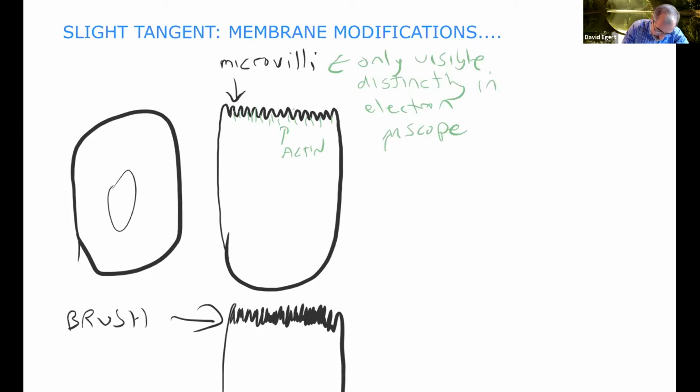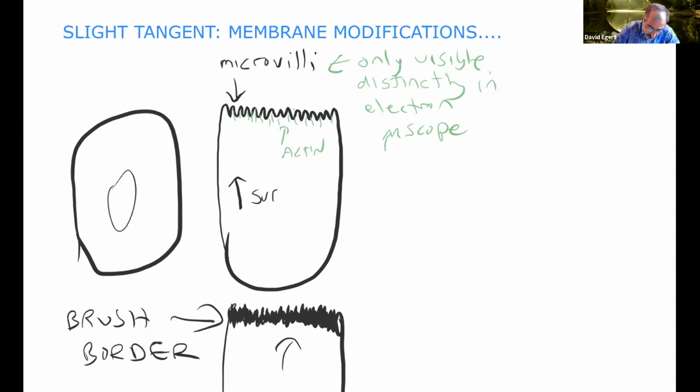Again, when we look at the intestines, for instance, you can tell that something's going on. This is more what it looks like in a real microscope, but this is going to very much increase your surface area.